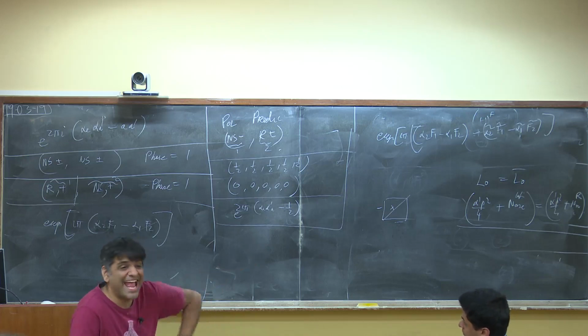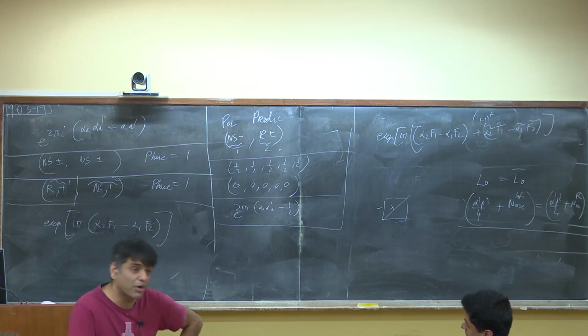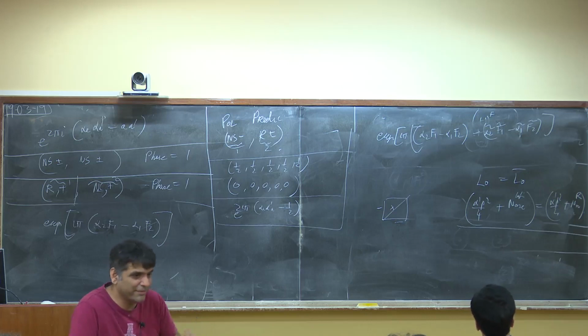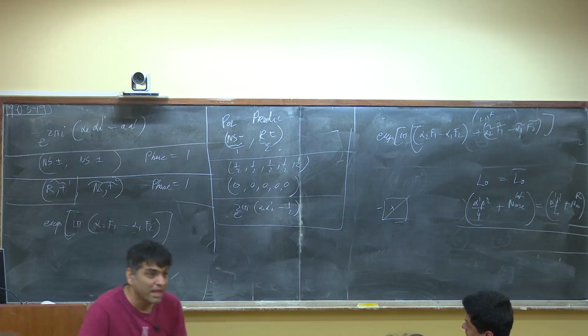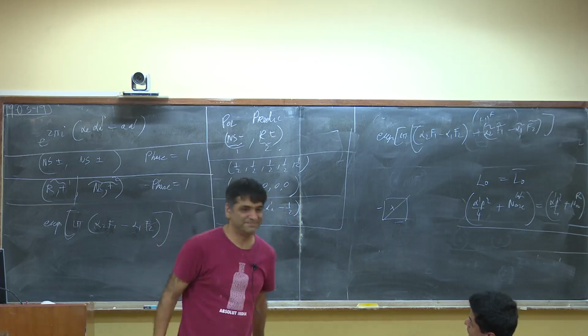Whether that N oscillator was integer or half integer would be a question of whether there was an even or odd number of oscillator modes, because every oscillator is half integer moded. So you act with an even number of modes, you get an integer. Odd number of modes, you get a half integer. On the other hand, suppose we were in the Ramond sector.